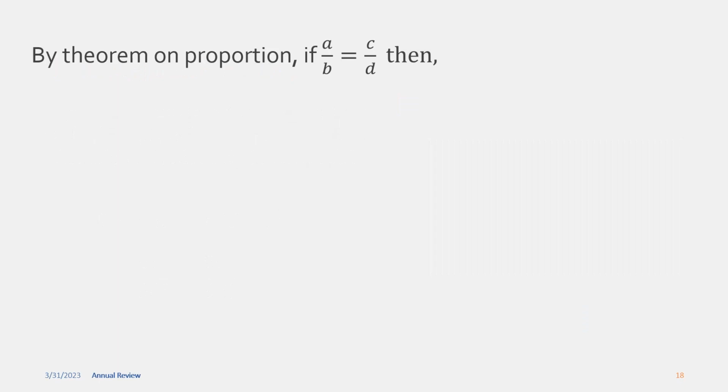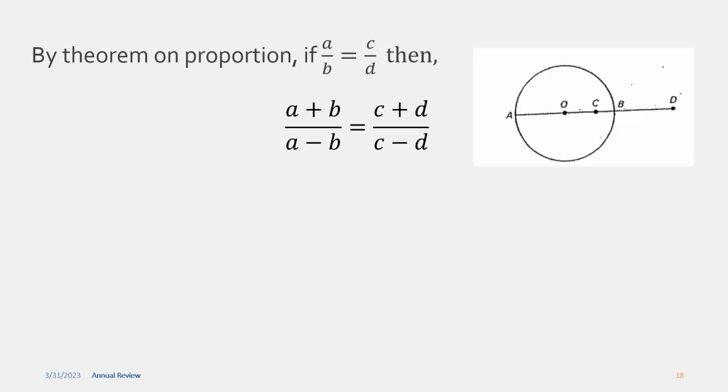By the application of the theorem on proportion, if A over B is equal to C over D, then A plus B all over A minus B is equal to C plus D all over C minus D. Let's illustrate, wherein B is equal to C, and our A is OD, our B is OB, and our D is OC.